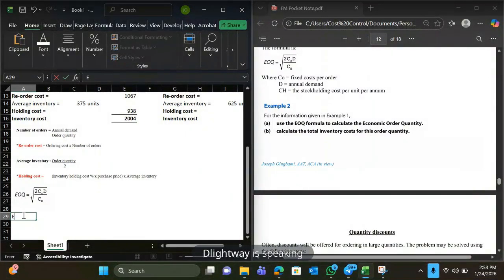Okay, so it's going to be EOQ equal to square root. Where's my square root on my PC? Let's use our calculator.